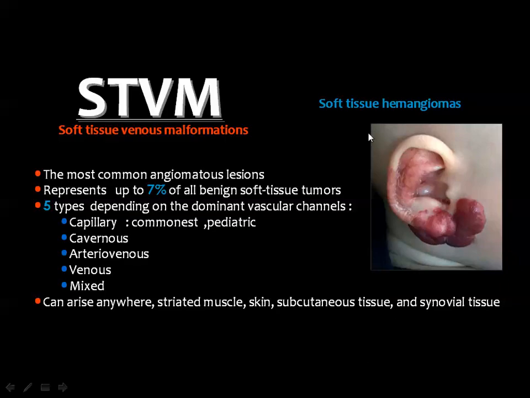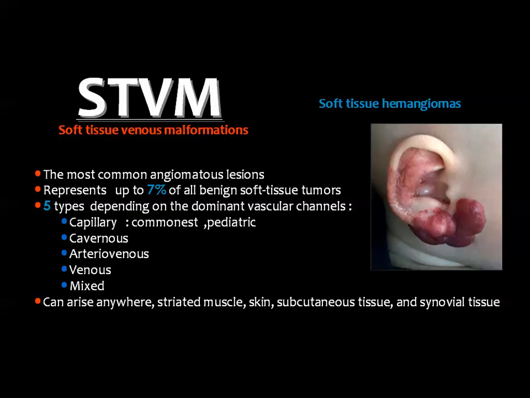Hemangioma is now included in a major category known as soft tissue venous malformations. These soft tissue venous malformations include five items. Number one, the capillary hemangioma, which is present mainly in the pediatric age group; the cavernous hemangioma, which is commonly seen in adults; arteriovenous malformation; venous angioma; and the mixed type of these categories.